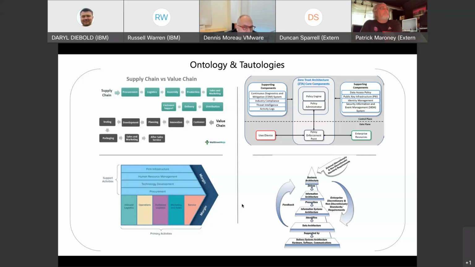Yeah, this makes a lot of sense. There is a significant amount of information architecture around connecting the dots, as you started to do here, between the supply chain, the zero trust runtime policy enforcement architecture, and what you have below it in the lower right quadrant, the mapping between business importance and criticality and the underlying relationship to the information systems, and at the bottom, the assets associated with it.